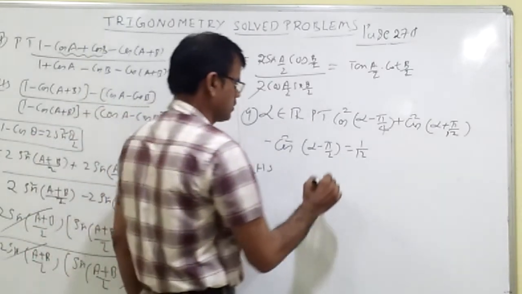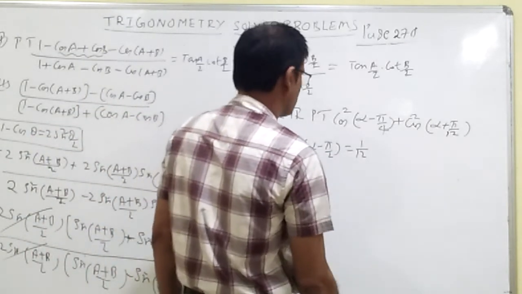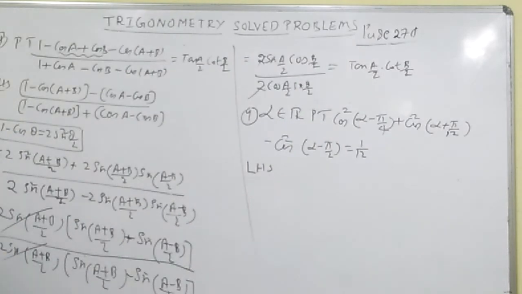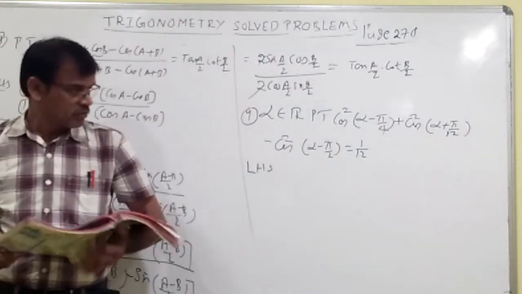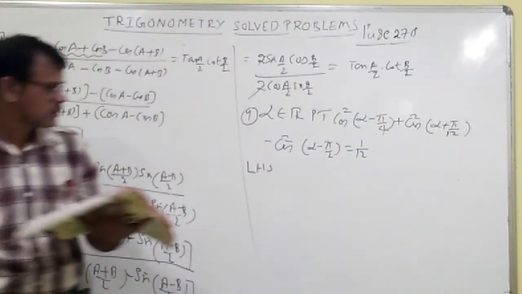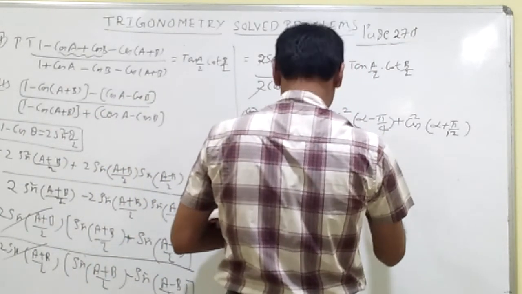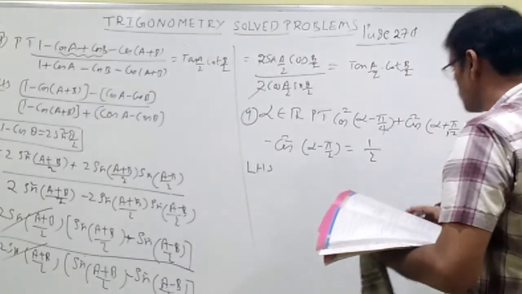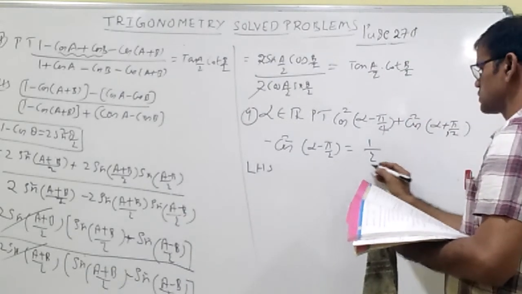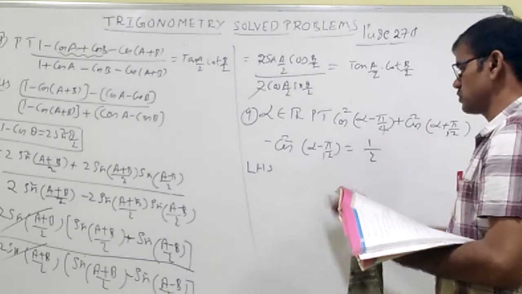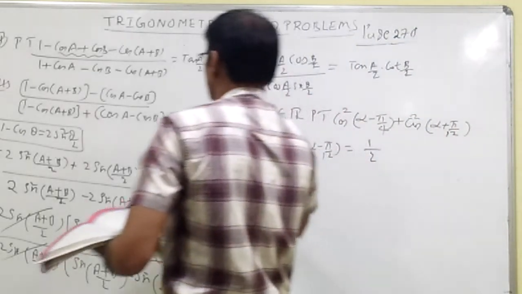It is right side 1 by 2 only. Cos square of (alpha plus pi by 12) minus cos square of (alpha minus pi by 2). Now it's okay.